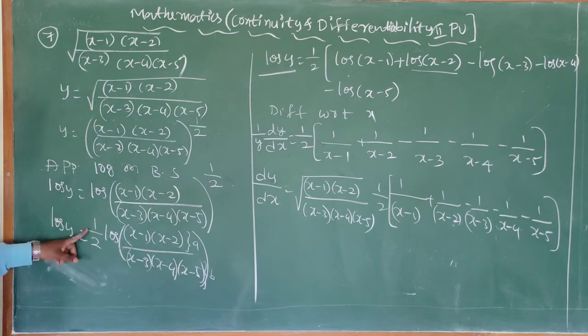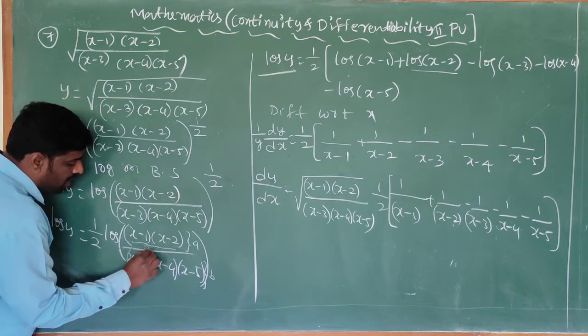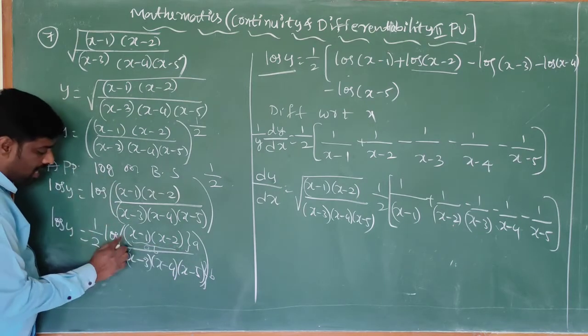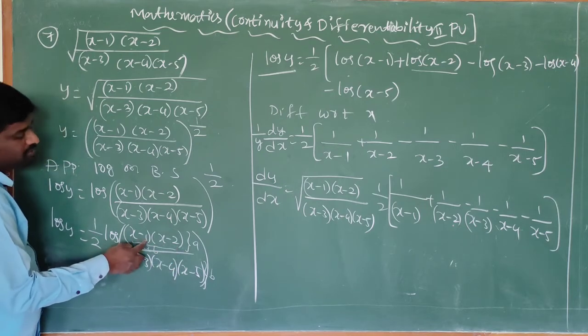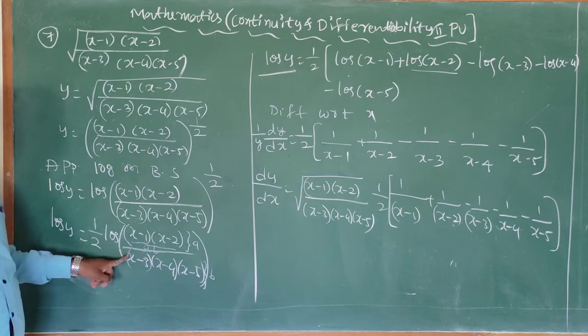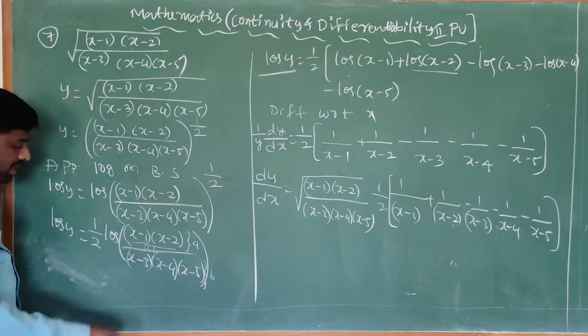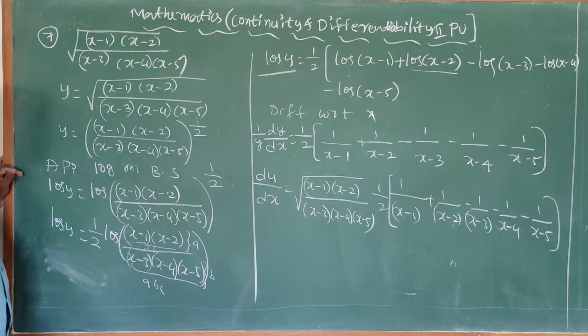Log y is equal to 1 by 2, it is the form of log AB. Log AB form is what? Log A plus log B. Log of x minus 1 plus log of x minus 2. Divide by is there, so you have to take minus. And again this is the form of ABC. So log ABC form is what?